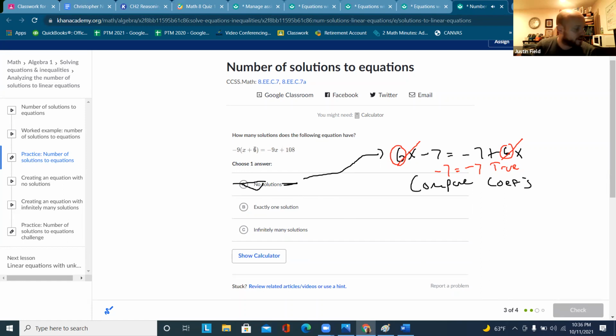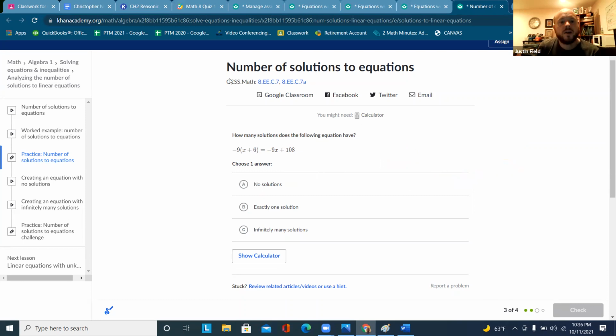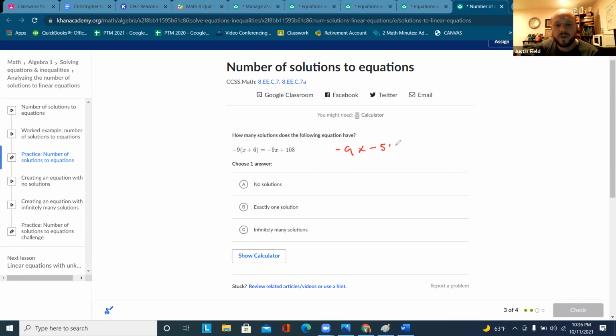Okay, here's a good example. So this is -9x minus 54 equals -9x plus 108.